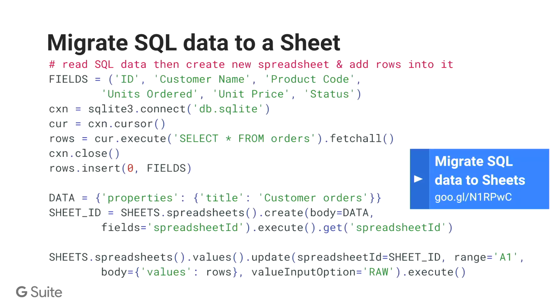Of course, I'm going to add the names of the columns as the first row so that it shows up at the top of my spreadsheet. Right? And then when I execute this, it's done, right? It just migrated all that data. The data's still in the SQL database, but now I have a sheet that has the equivalent data in it, along with the header row that describes the columns, okay?